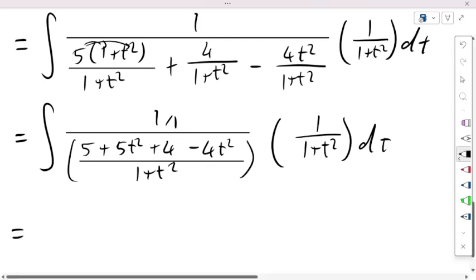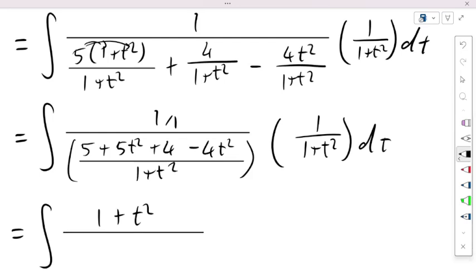We flip it and we get something like 1 plus t squared divided by everything in that numerator of the denominator, which is 5 plus, we can actually simplify this over here, 5t squared minus 4t squared, which is equal to t squared. And then this is going to be plus 4. So actually, we could have done 5 plus 4, which is equal to 9.